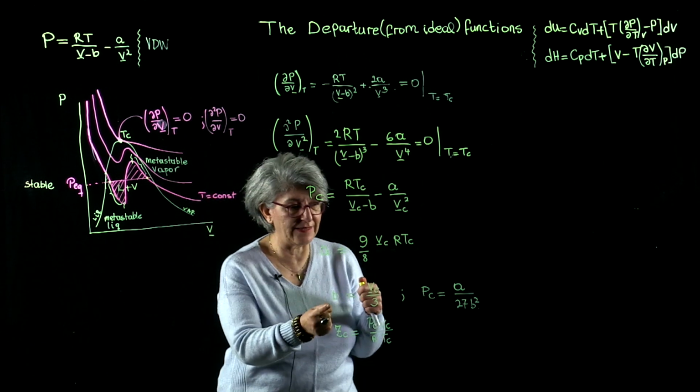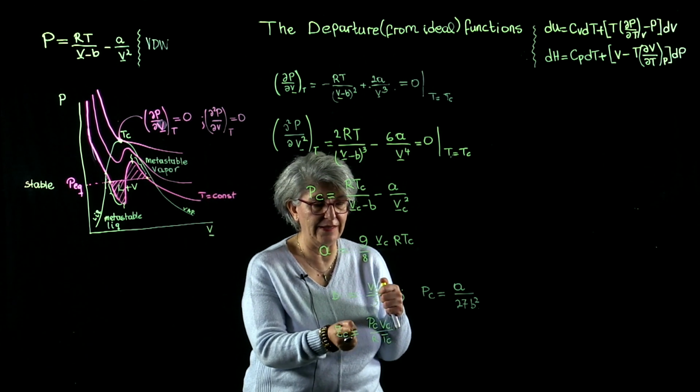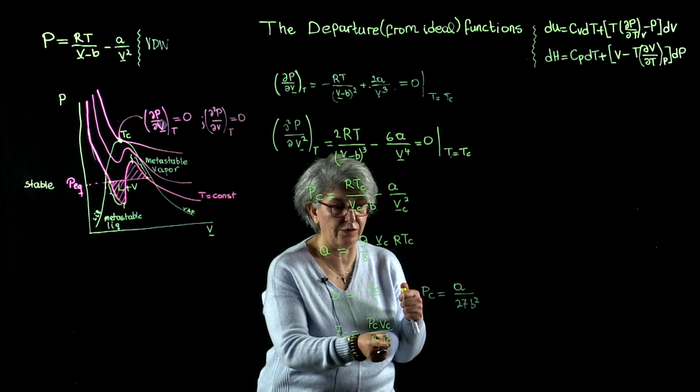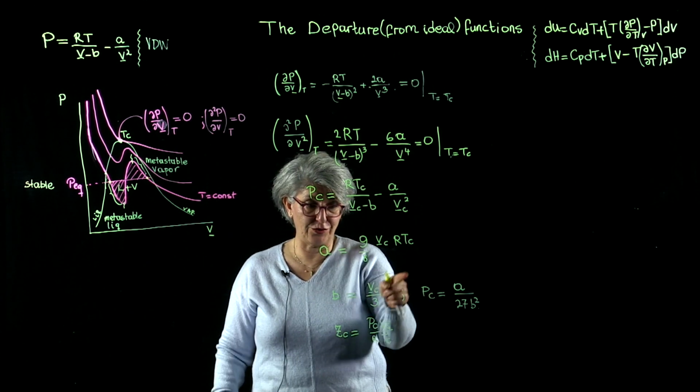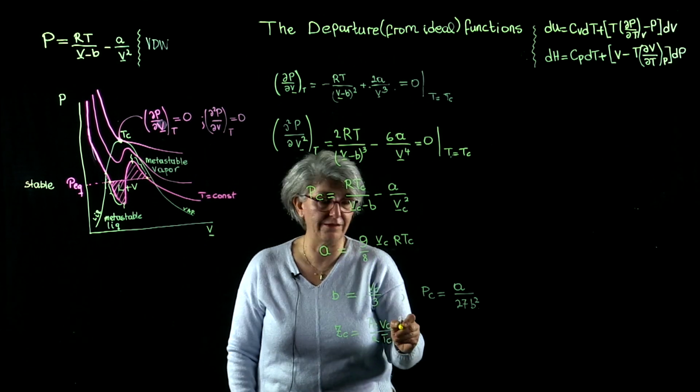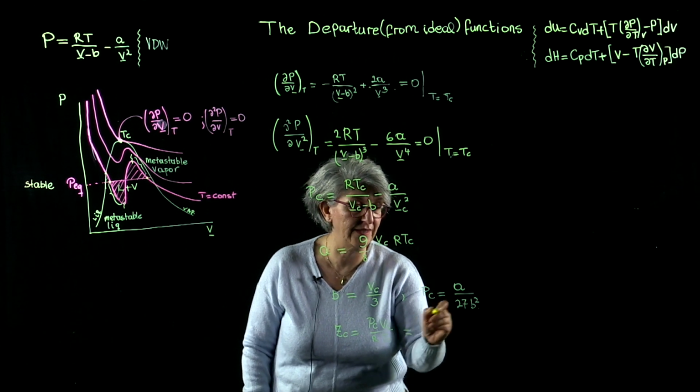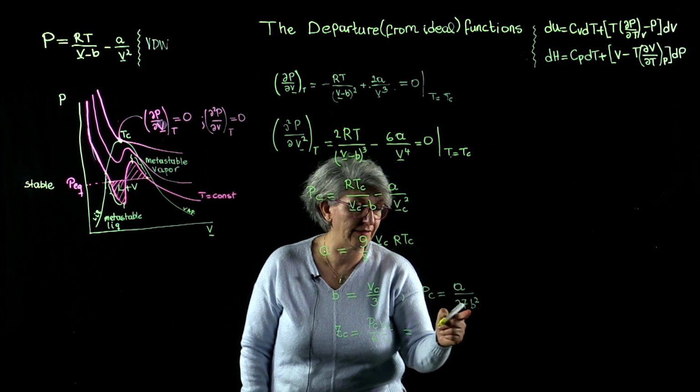Now let us take this Z critical, P critical V critical over RT critical, and substitute these values. Let's see what we are going to get. P critical is A over 27B squared.